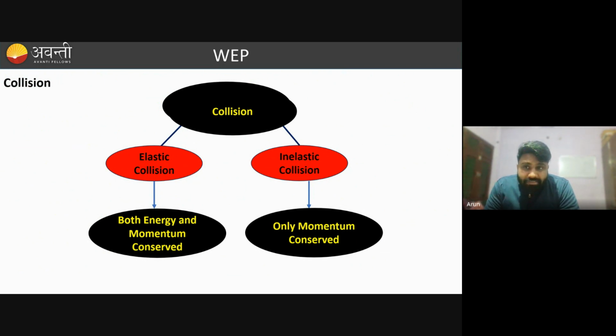In elastic collision, the energy and momentum are conserved. We will state this as: the energy before the collision is equal to the energy after the collision, because in between we cannot say the energy is conserved. The same thing we say about momentum also.